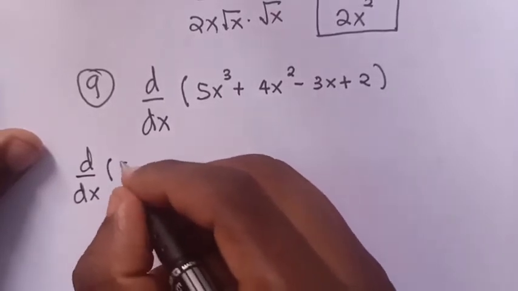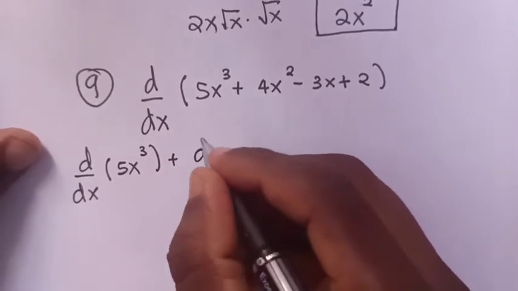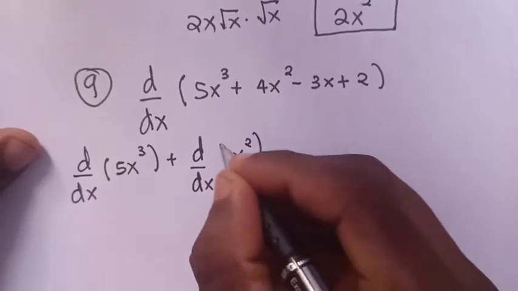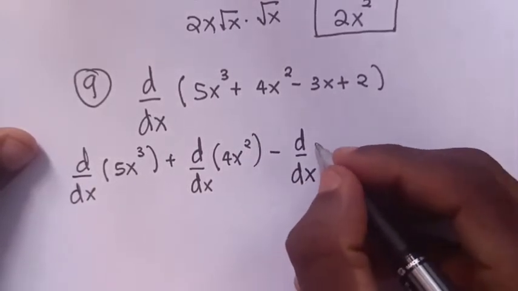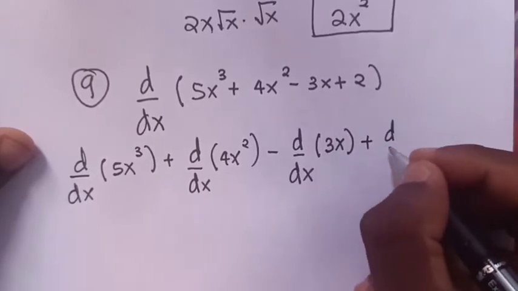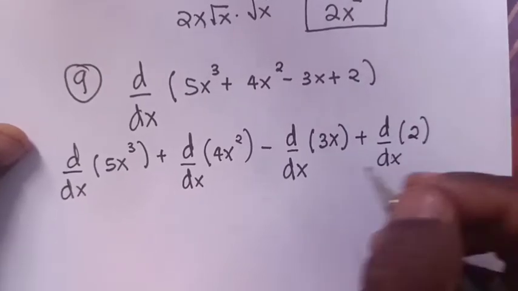We derive 5x power of 3 with respect to x, plus the derivative of 4x square with respect to x, and then minus the derivative of 3x with respect to x, and then plus the derivative of 2 with respect to x.